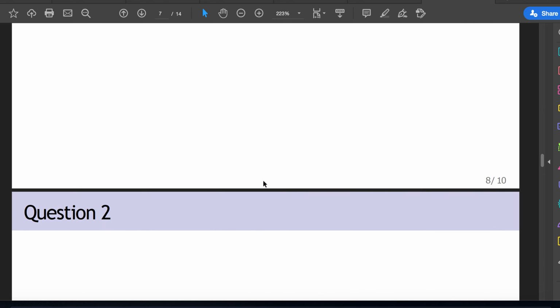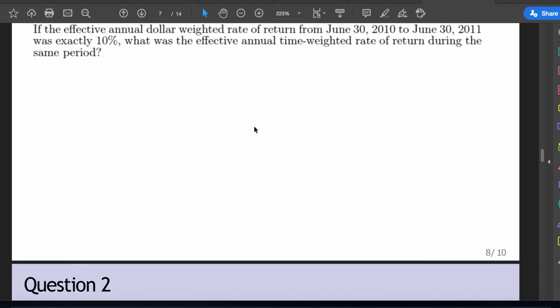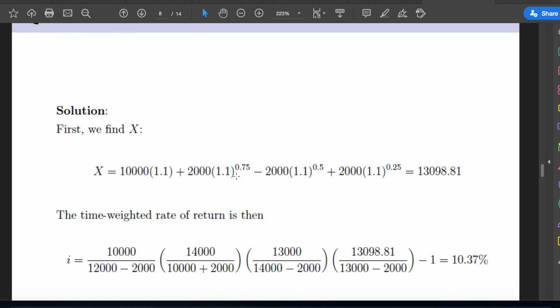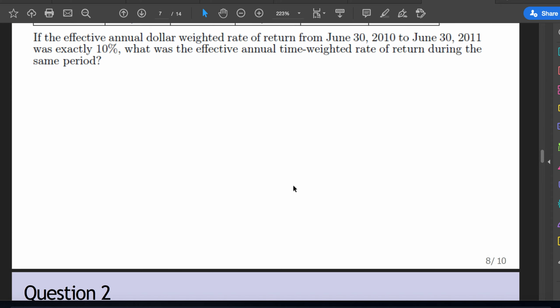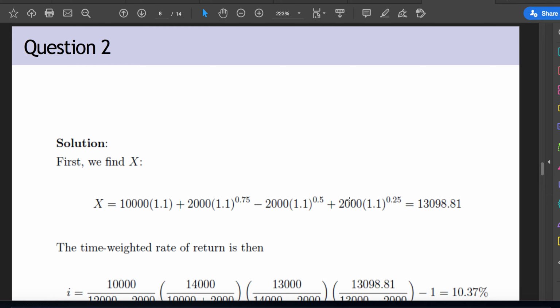Always remember that the dollar-weighted rate of return is an approximation for the effective rate. So this is just applying the approximate interest rate to x. The amount that you get here is an approximation, but it's a close one, so it's perfectly valid to use this. Everything that we're dealing with here with time-weighted and dollar-weighted is all approximations, so it's perfectly fine to do this.